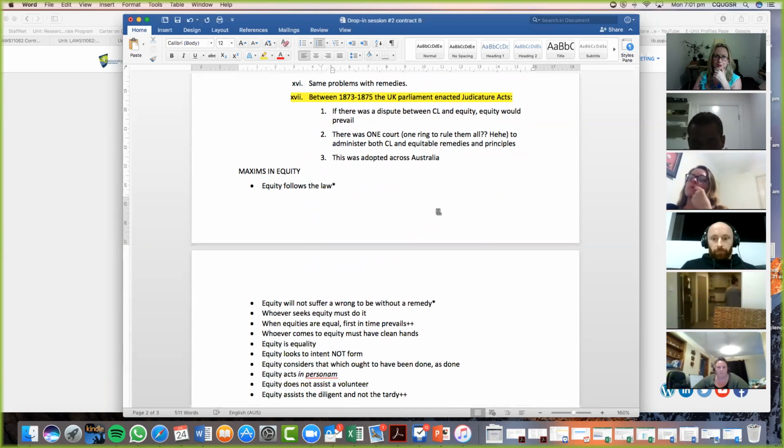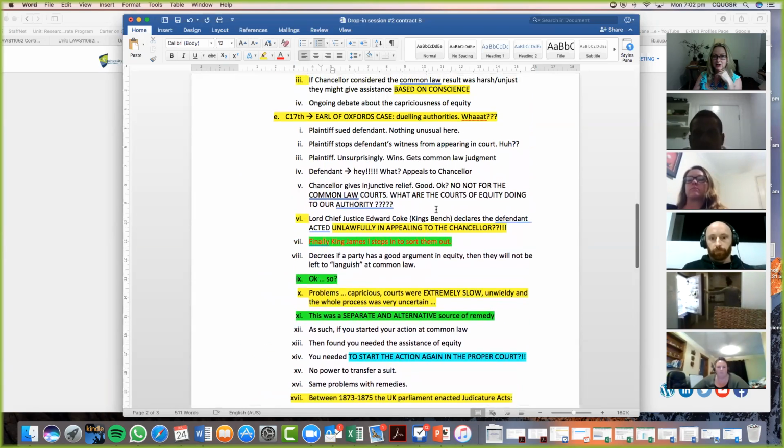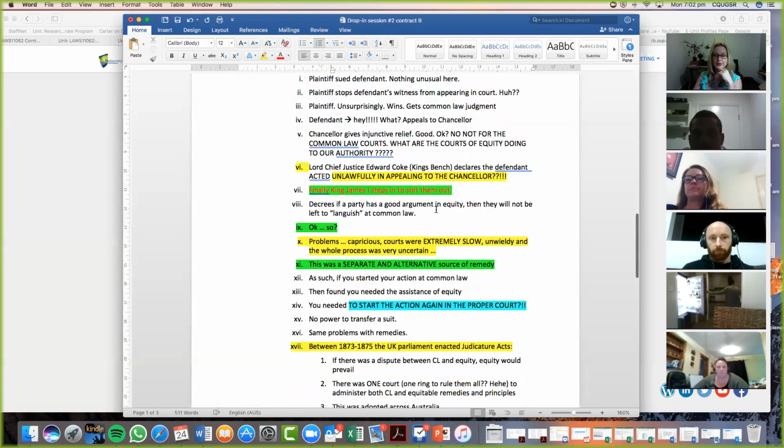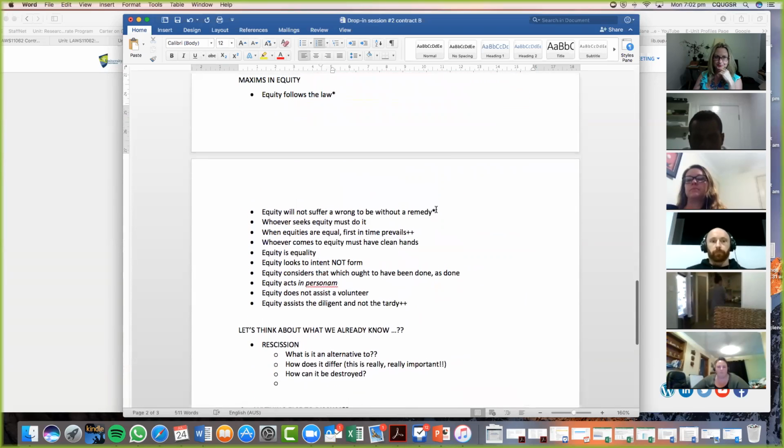Eventually, all of this was adopted across Australia, not long after, actually, we weren't too far behind. So equity has its own special place in our hearts and minds in law school, and that's kind of the way it all came about.